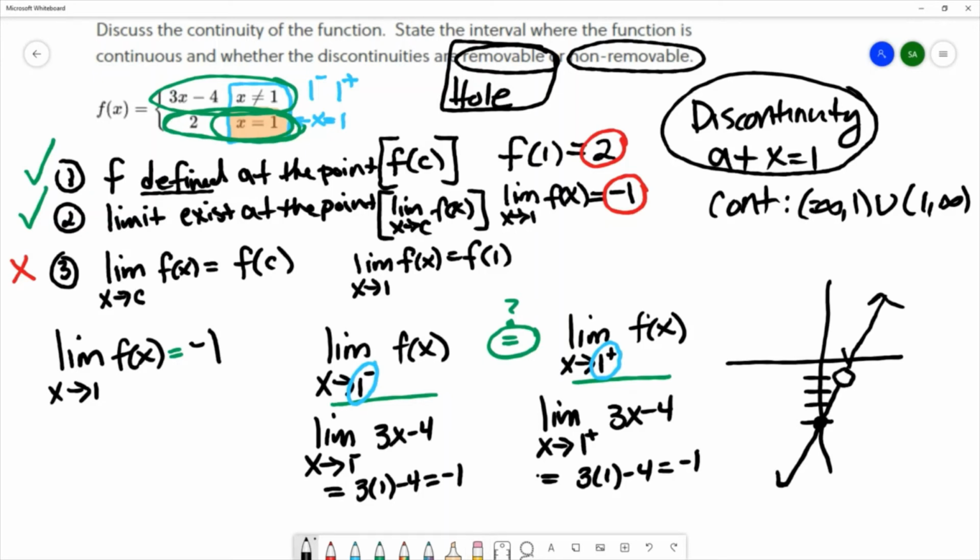And instead of that point, we have y equals 2 at that value. So if we were able to get rid of that one point and fill in that discontinuity, we would have a continuous function. So we would categorize this discontinuity as removable.